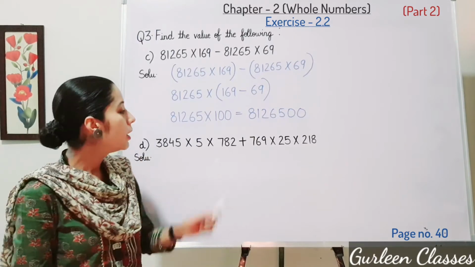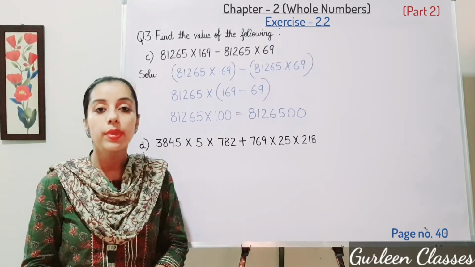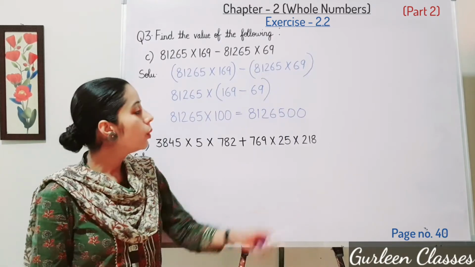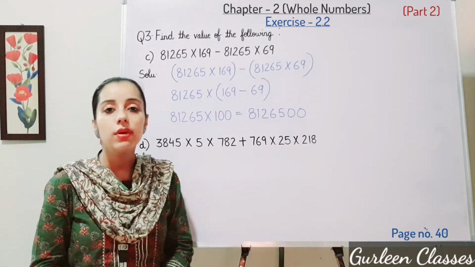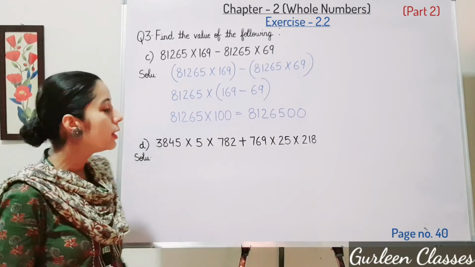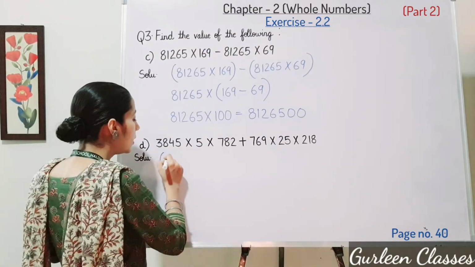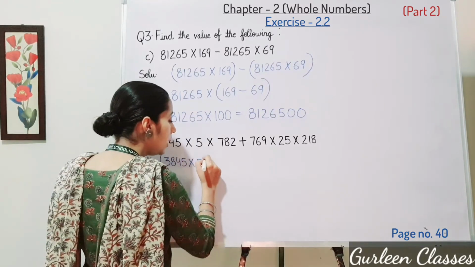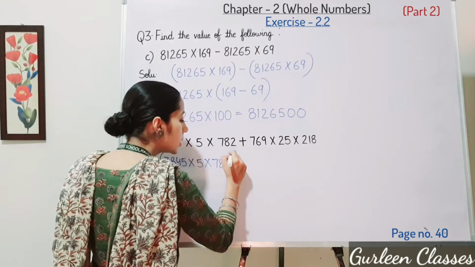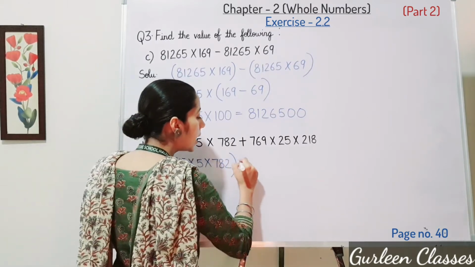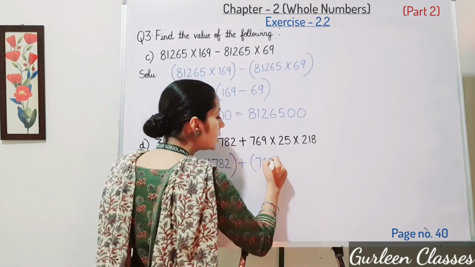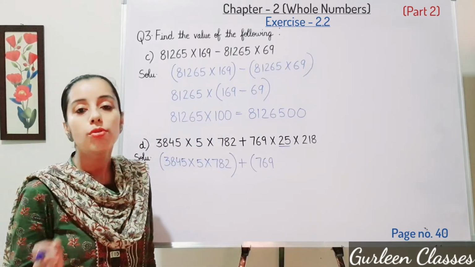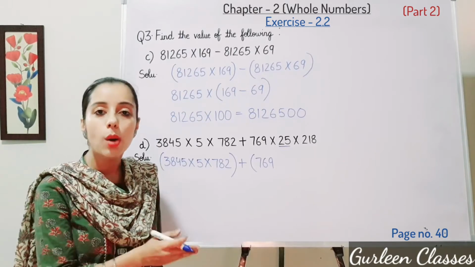Now D part: 3845 into 5 into 782 plus 769 into 25 into 218. So what we will take outside? First what we will do, we have to make a bracket. 3845 into 5 into 782. This is in one bracket plus 769. Students, this 25 can be written as 5 into 5 just to make the number common for outside.